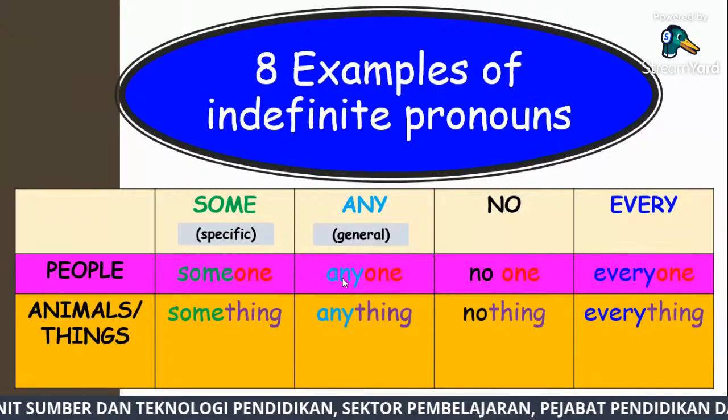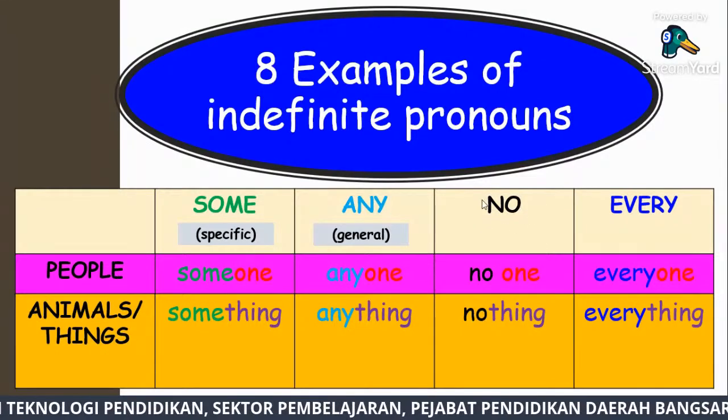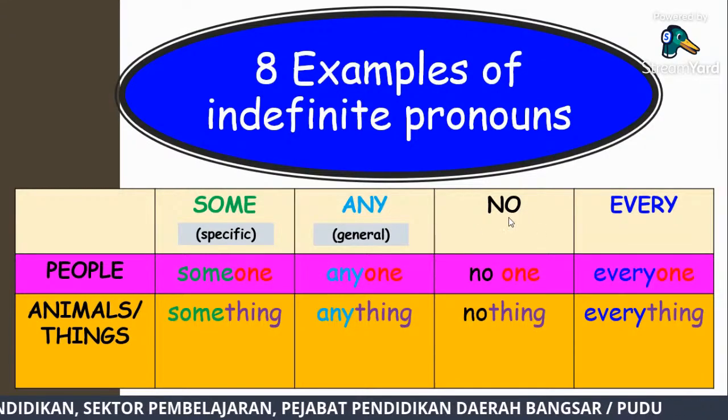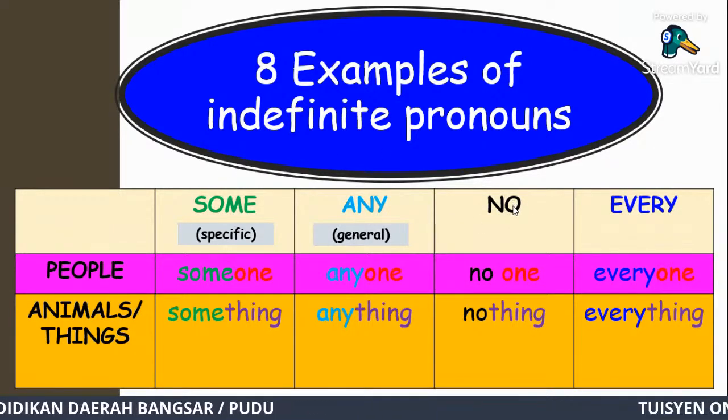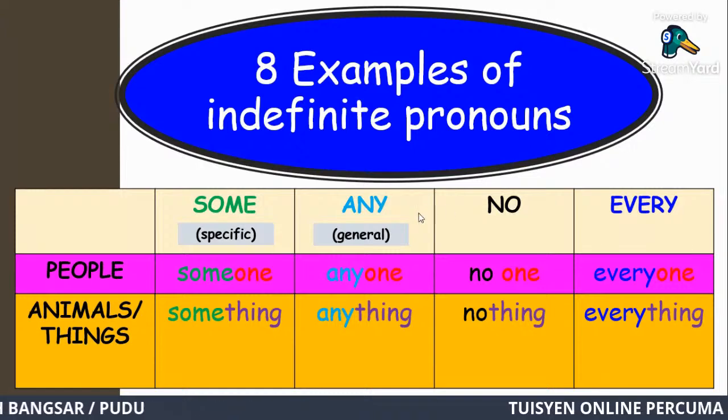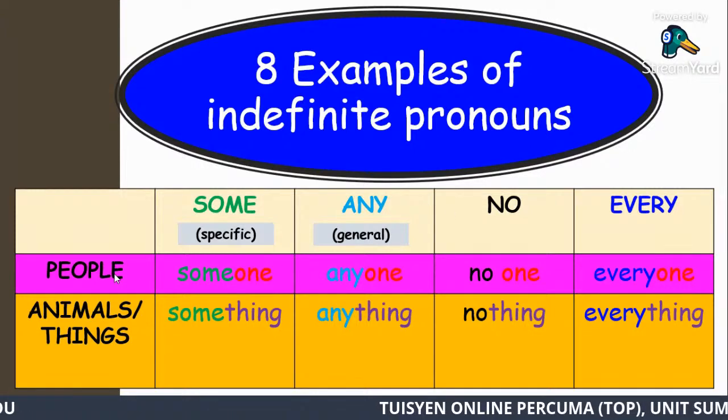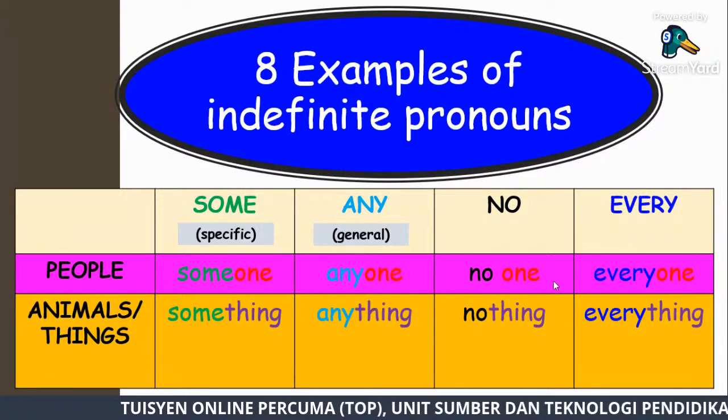The other word that you have to know at the front of the indefinite pronoun is "no," which you will be using when you want to describe people. You have to use no one.